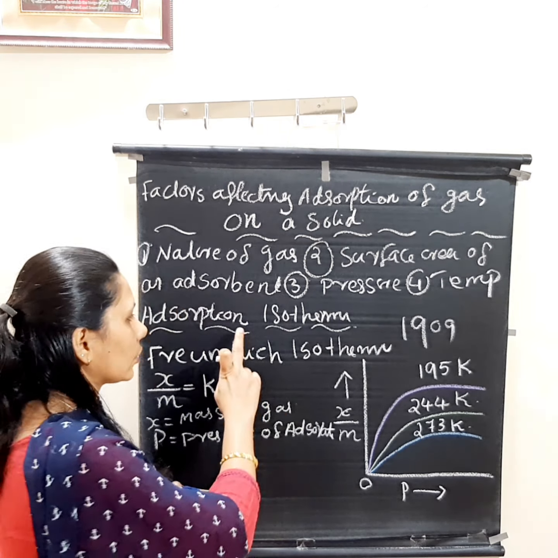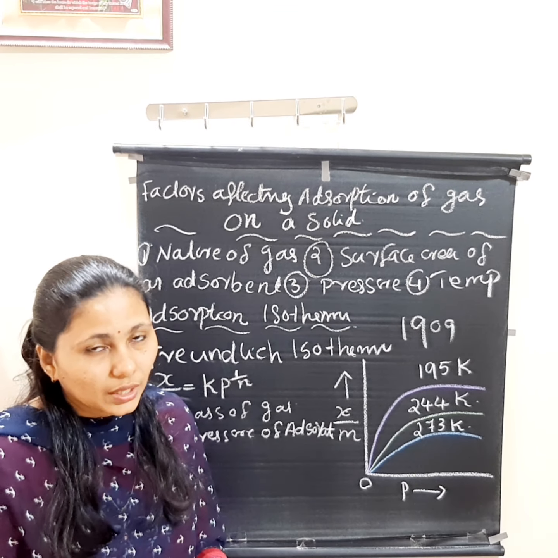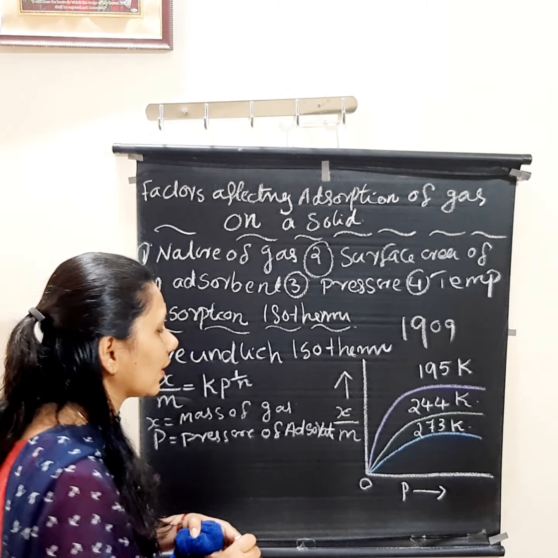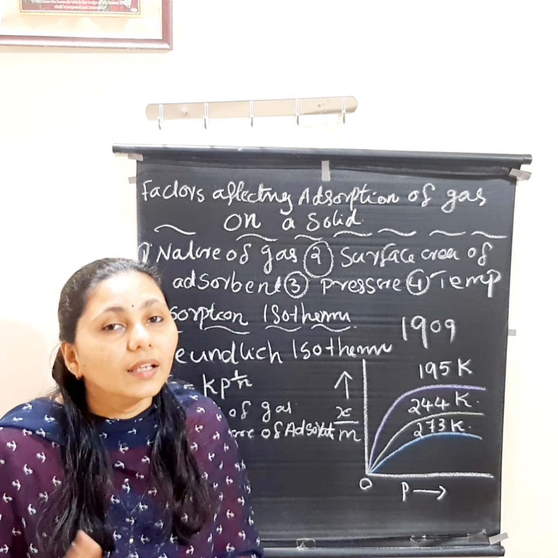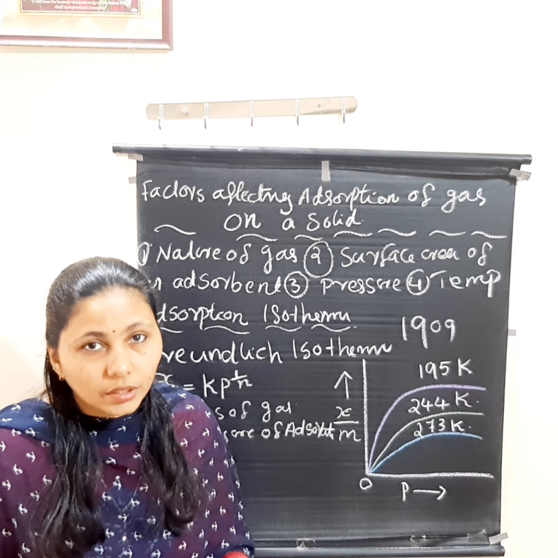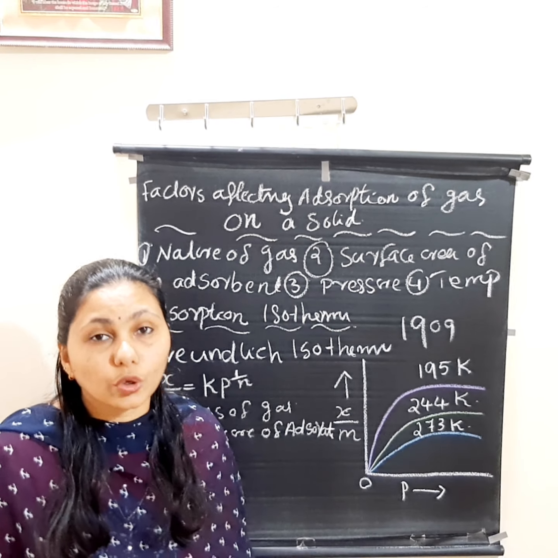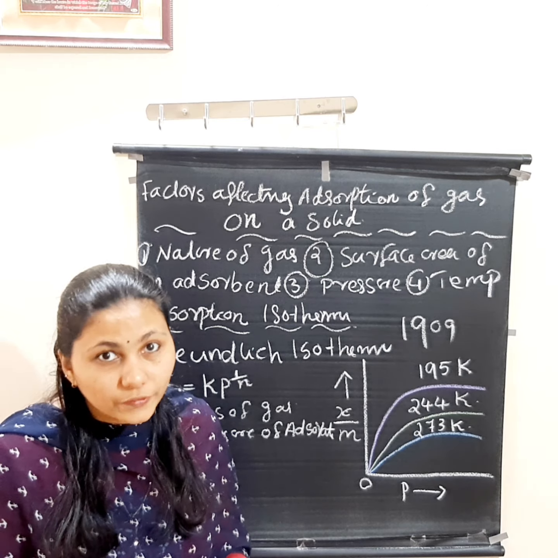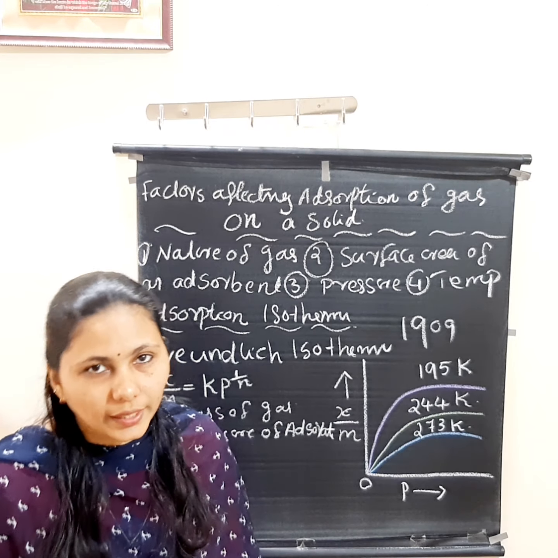It is the same as the adsorption isotherm, we just have to change some sentences. What is the Freundlich adsorption isotherm? He gave an empirical equation to show the variation in adsorption of a gas on a unit mass of solid adsorbent with the pressure at constant temperature.